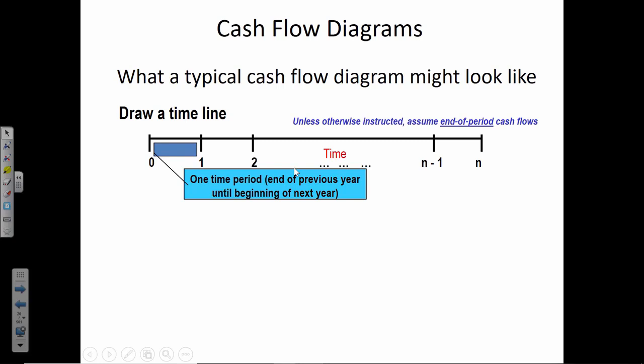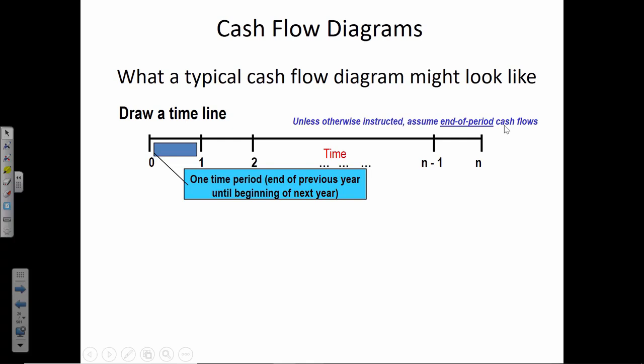So the customary assumption when we do cash flow diagrams is that you assume end of period cash flows. The end of period cash flow assumption is a little bit like this. If you're operating a business and you're trying to summarize your revenue and your costs on a cash flow diagram, you take all of your revenue and all of your expenses, combine them together, and represent all of them at the end of the period that they apply to.